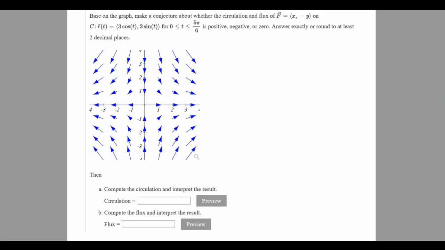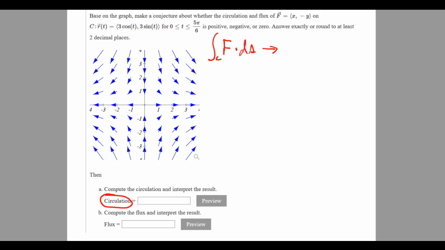So for our calculations, in the beginning, we need to calculate the circulation. The definition for circulation is the integral over the curve of the field dotted with ds.